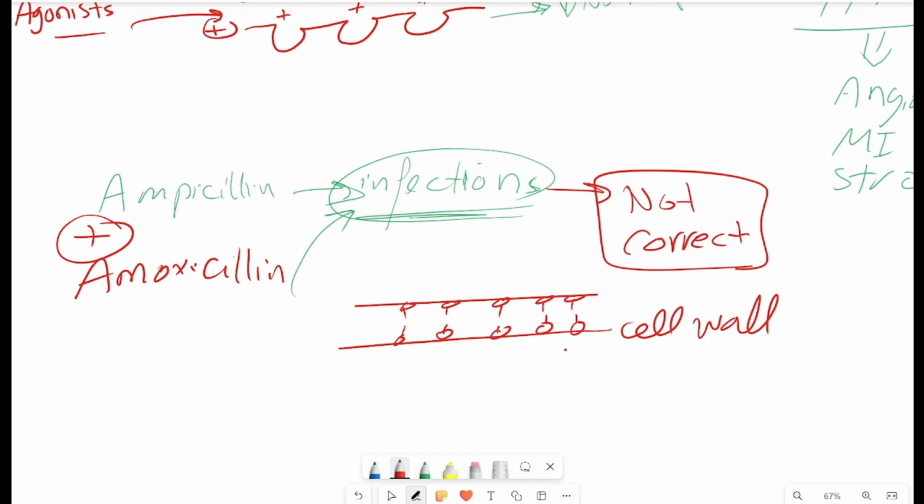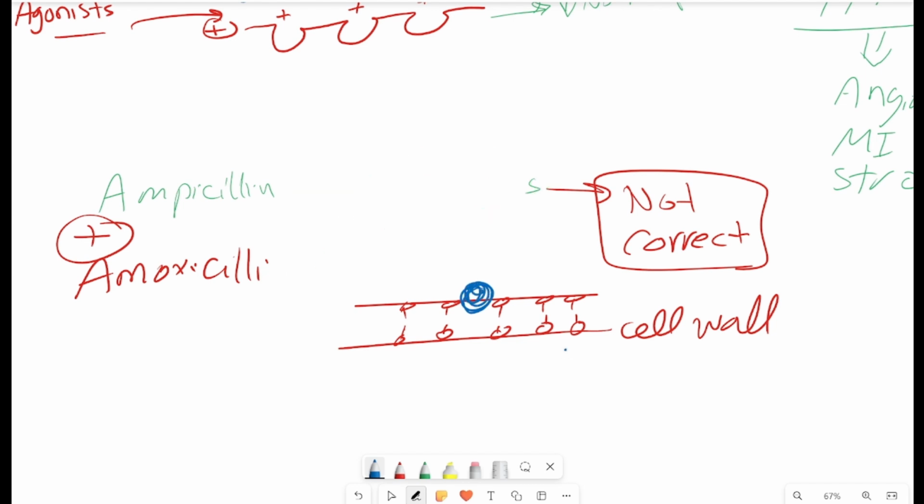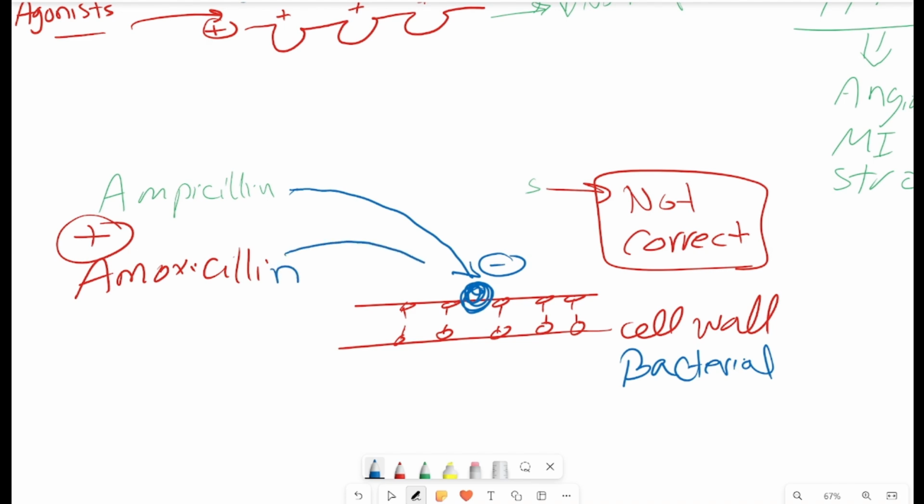Both medications work on the same target here. Now you can imagine, this is a bacterial cell wall. You prescribe ampicillin, it binds to the bacterial cell wall and inhibits, and then you decide to add amoxicillin, which binds to the same. So there is no reason to add two antibiotics or two medications that work on the same target.